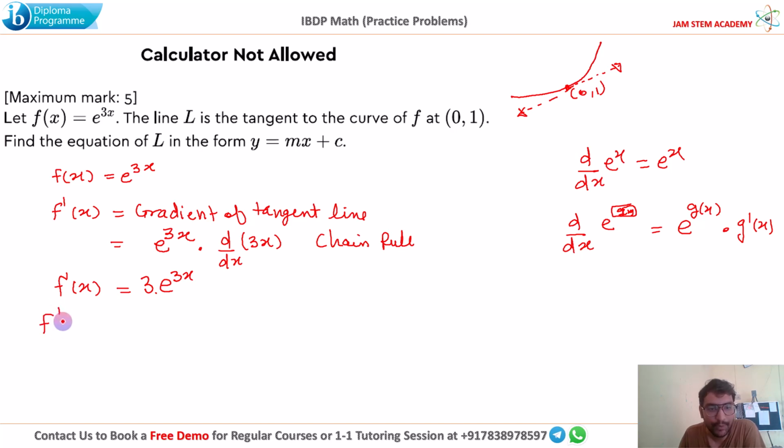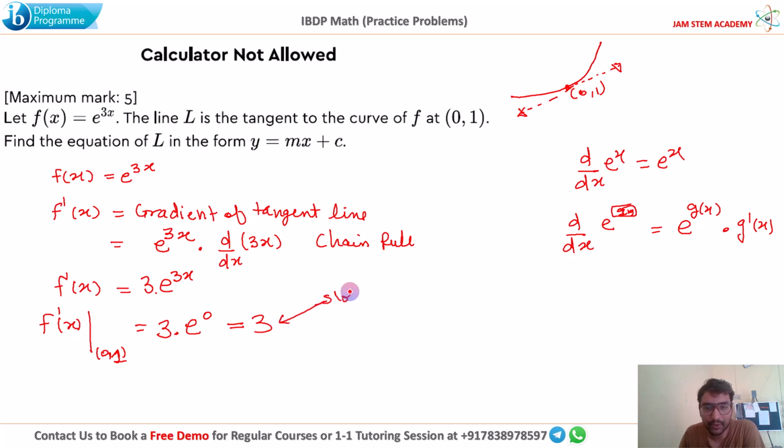So f prime(x) at the point (0, 1) means in place of x put 0. So here we can simply substitute 3 times e raised to the power 0. E to the power 0 becomes 1. So the gradient is 3 only. Hence we got the gradient, or the slope, of the tangent line.